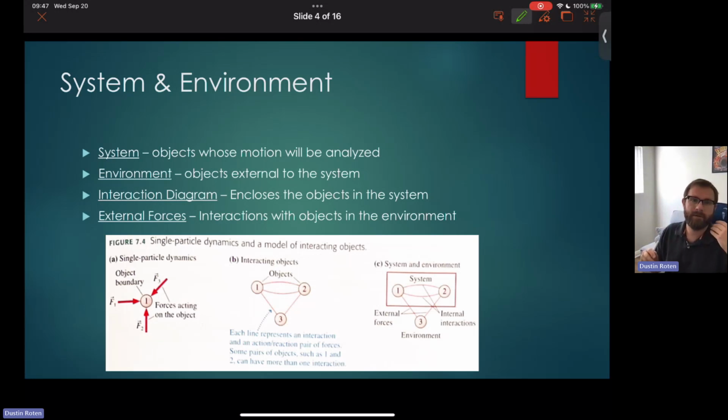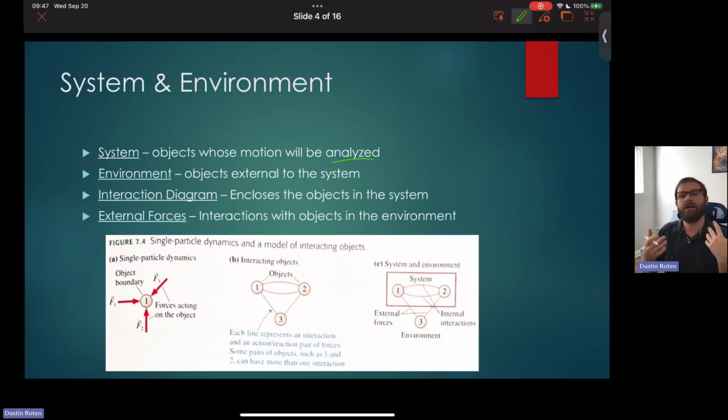So let's talk about looking at this like a system and environment approach, okay? A system is essentially just the set of objects that we want to analyze. So the system ignores everything else and narrows it down to just the two objects we're looking at.